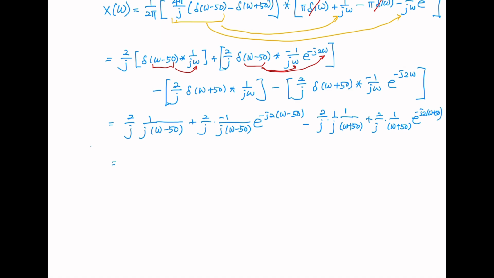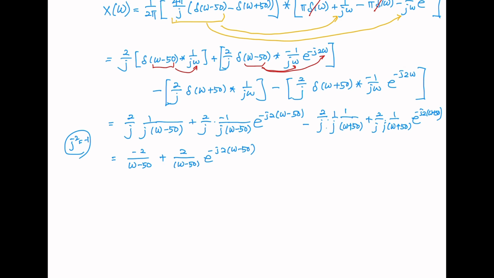j times j squared equals negative 1, so we're going to apply that. The first term then is negative 2 over omega minus 50. The second term is going to be plus, because j squared is negative 1 and we have a negative in the numerator, so 2 over omega minus 50 e to the negative j2 omega minus 50.